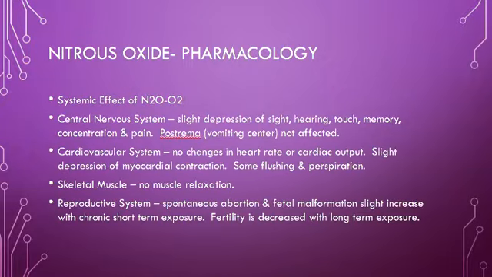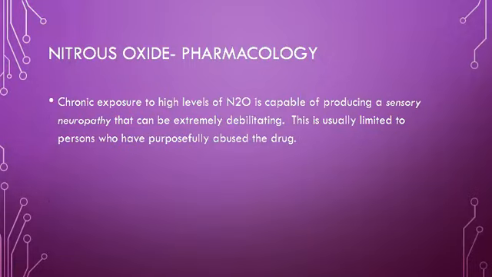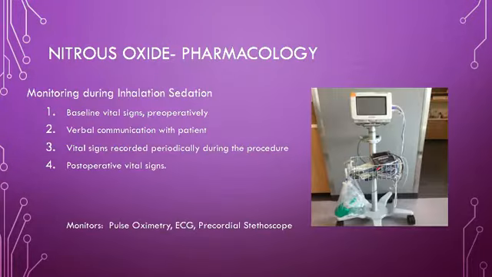You'll remember from the previous screen that some of the central nervous system effects are slight depression of sight, hearing, touch, memory, concentration, and pain. Those things can actually be permanent if chronic use is undertaken, and this really has to do with people who are doing it on purpose, who are abusing the drug.